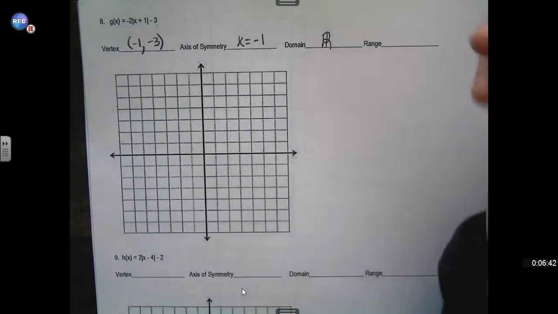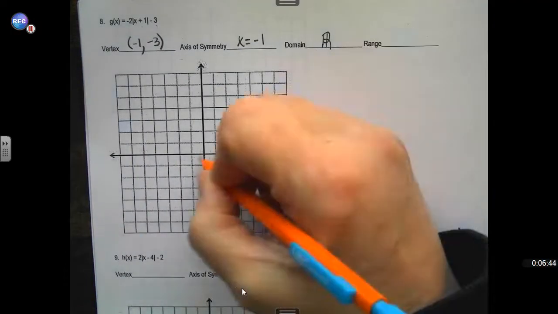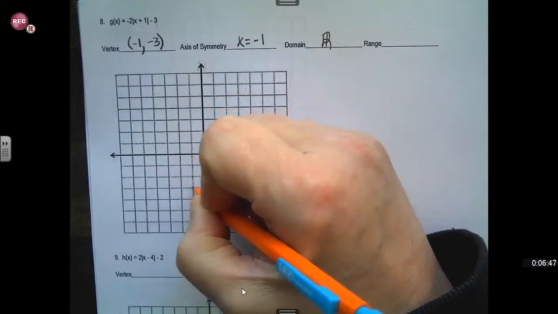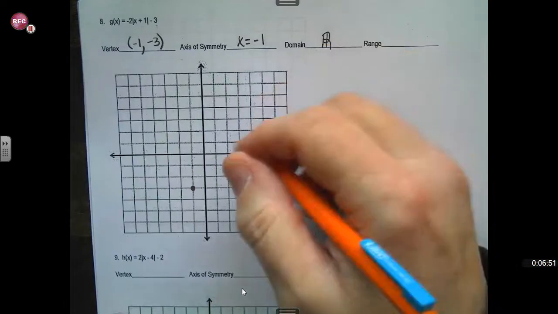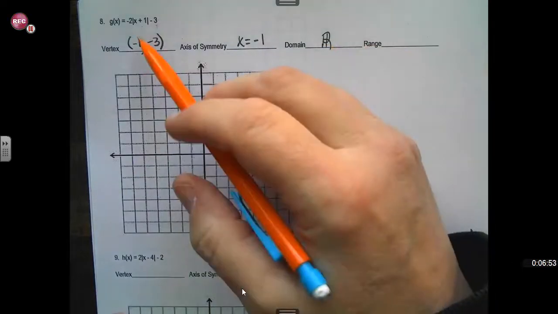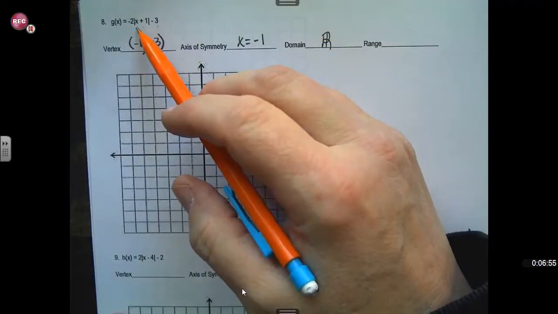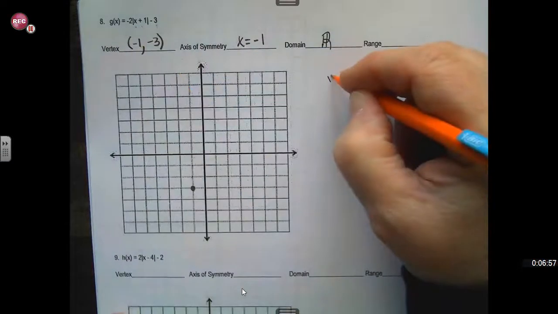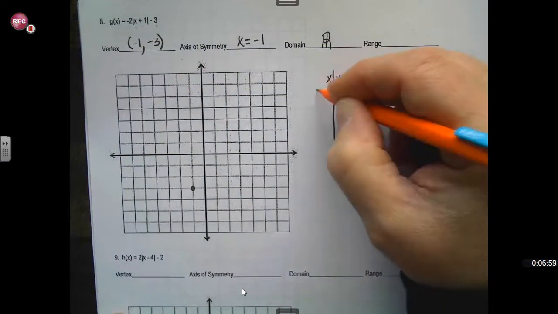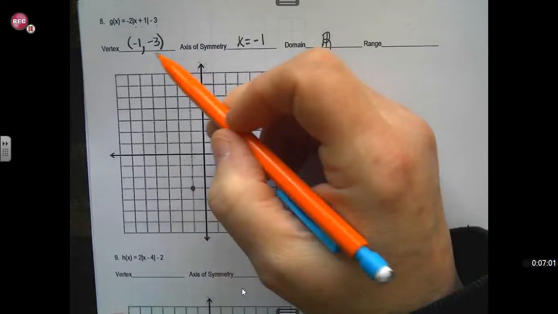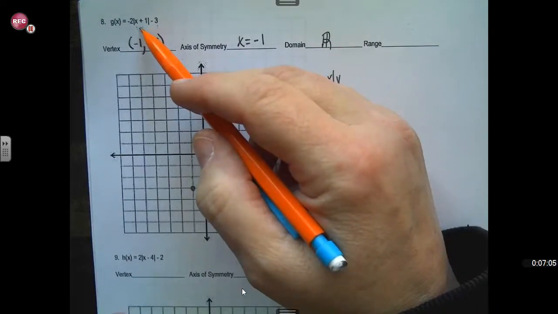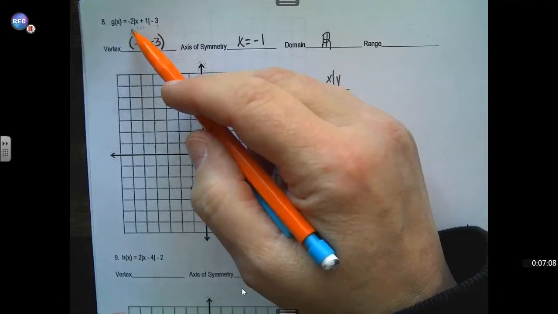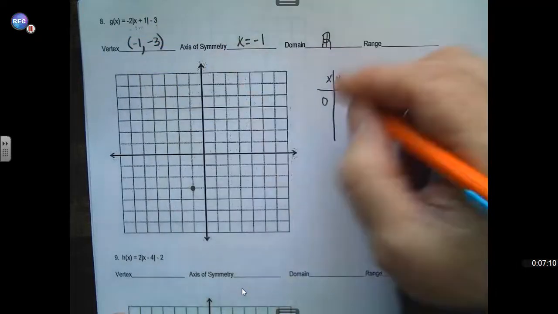And then I'm supposed to graph this. Let's see, -1, 1, 2, 3. And it opens down. We can make a table if you like. If I plug in 0, I get 0 plus 1 is 1. Absolute value of 1 is 1 times -2 is -2 minus 3 is -5.